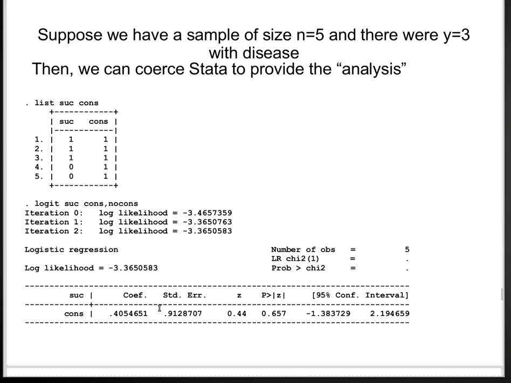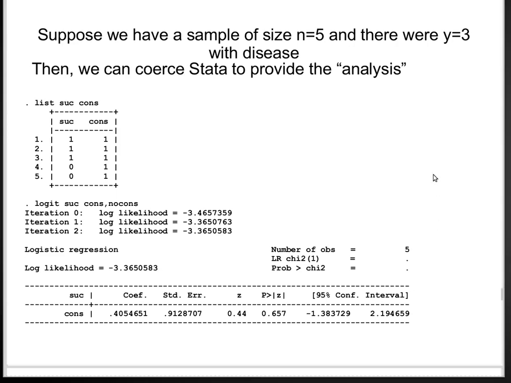This is the maximum likelihood estimator. There's the standard error for it. And then we have a z statistic and a confidence interval and a p-value. All the key ingredients in basic statistics: estimate, standard error, ratio of estimate to standard error, p-value, confidence interval.